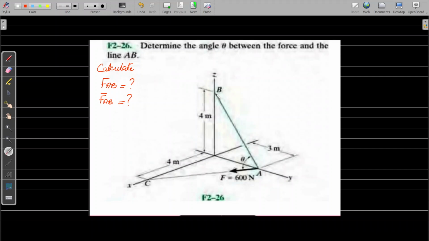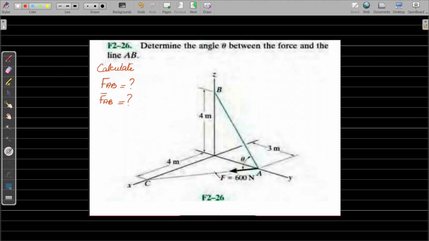What about B? Again, this is our origin. What will be the value of X for B? It will be 0. The value of Y will be 0, but on B the Z value will be 4, so it will be 0, 0, 4. What about C?